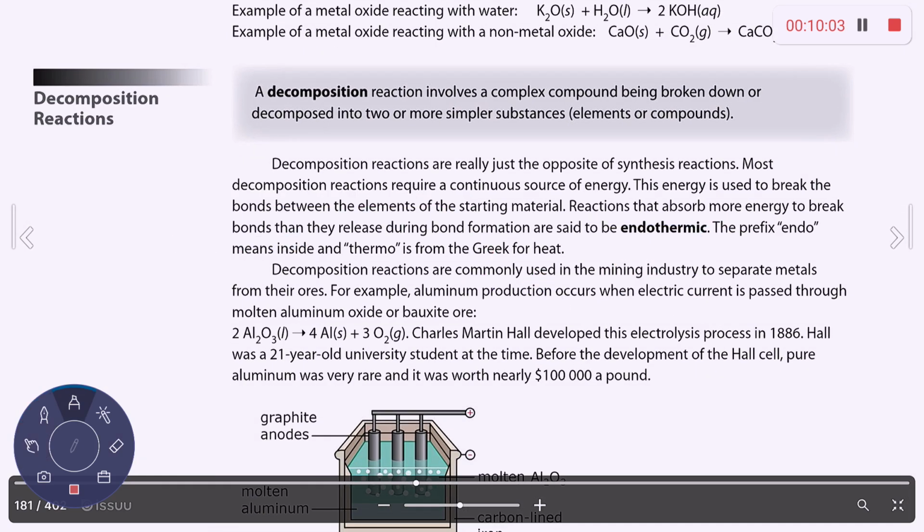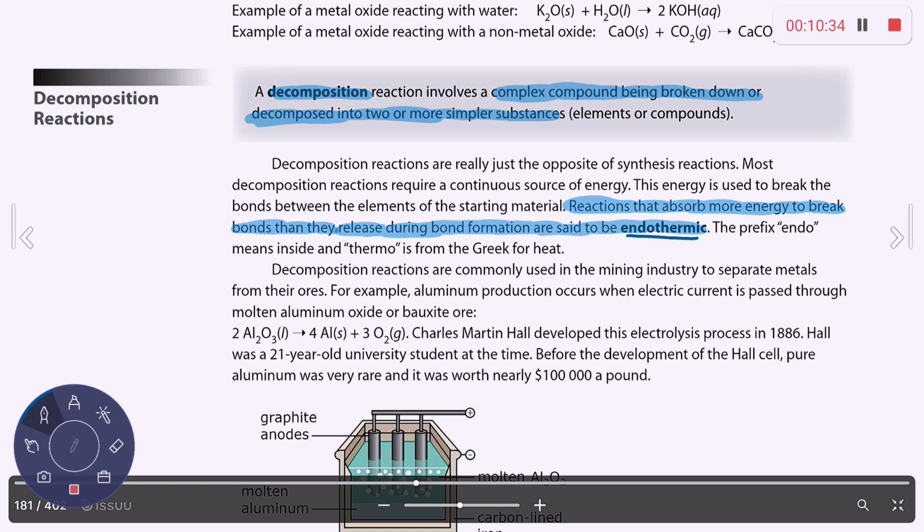Okay, so here it says decomposition involves taking some complicated compound and breaking it down into simpler pieces. So maybe it breaks apart into its elements. And since here we are releasing energy, which typically happens, I'm sorry, I didn't finish that. Reactions that absorb more energy to break bonds than they release when they form them are endothermic.